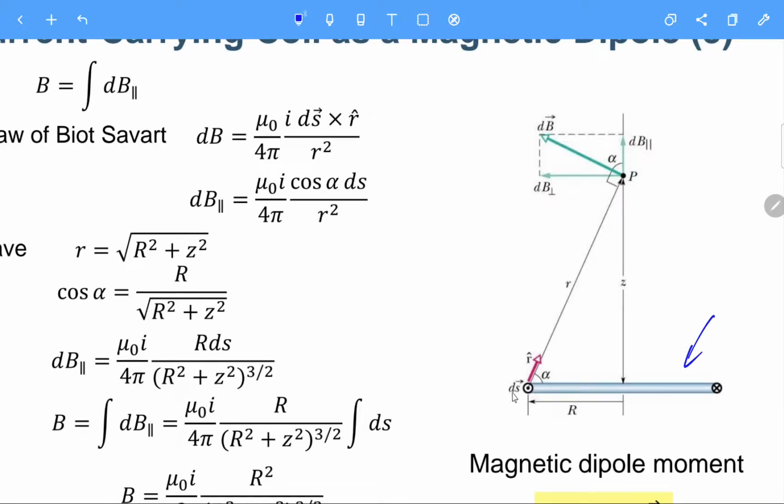So ds, you use a forefinger point to ds and then cross to r hat, then dB will point to this direction, the top left direction.